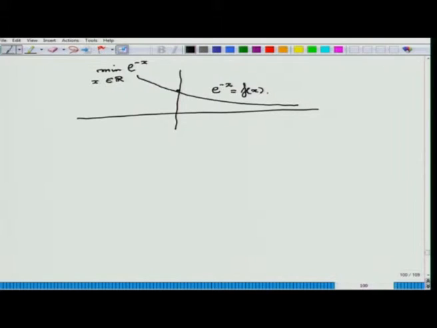So, the infimum value of e to the power minus x is 0, but a minimizer does not exist. So, this can be a situation.